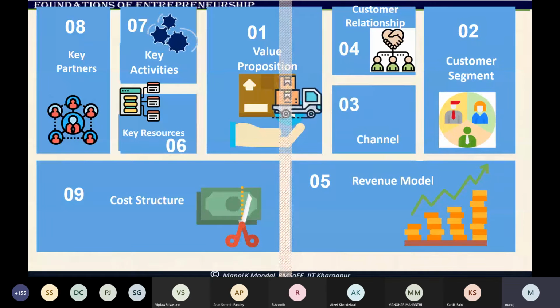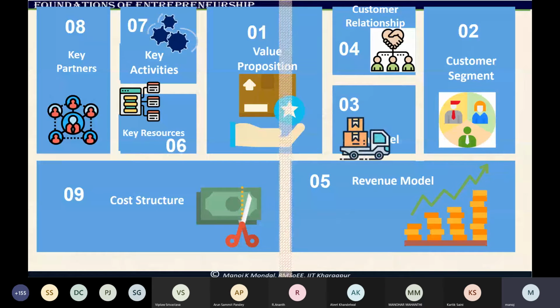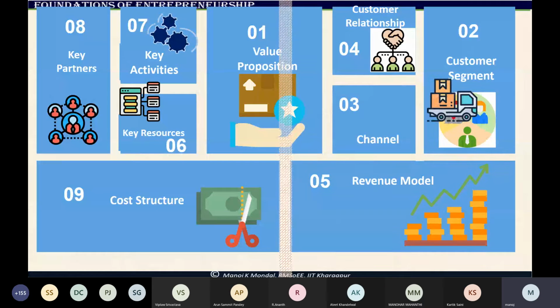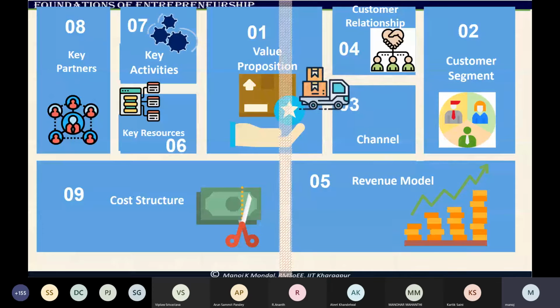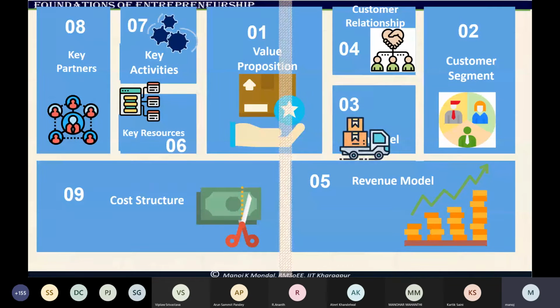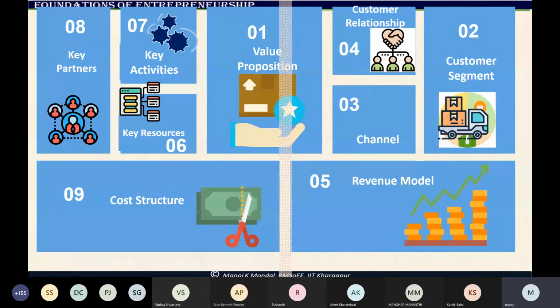Then number 7 is the key activities. What you do to transform raw material into finished products that are used by the customer, that carries the value. Whatever that is, that may be a software, that may be a hardware, or any product. Then we have key resources. Resources facilitate transforming raw material into finished goods.